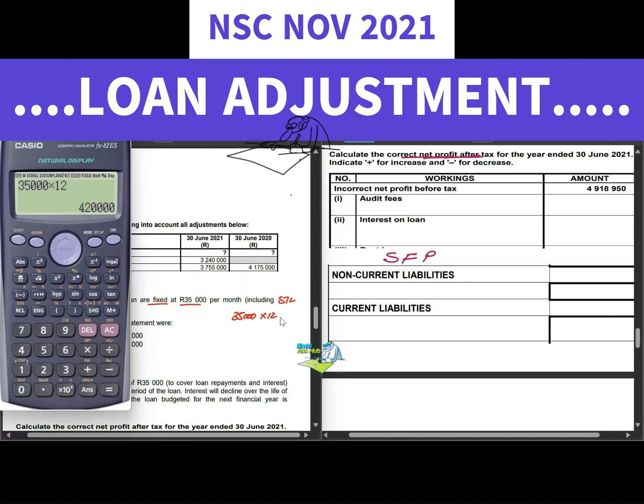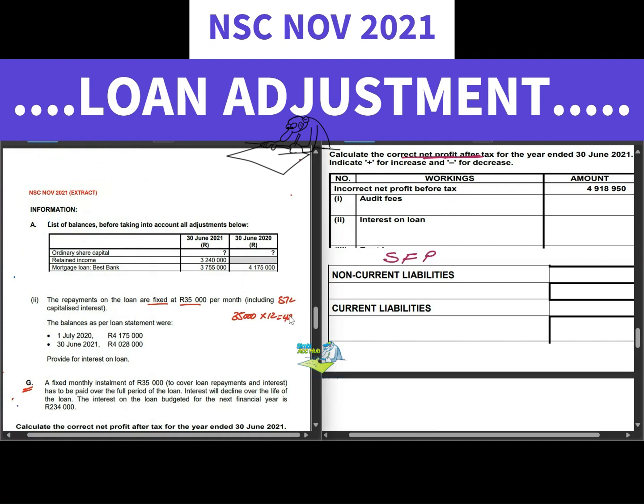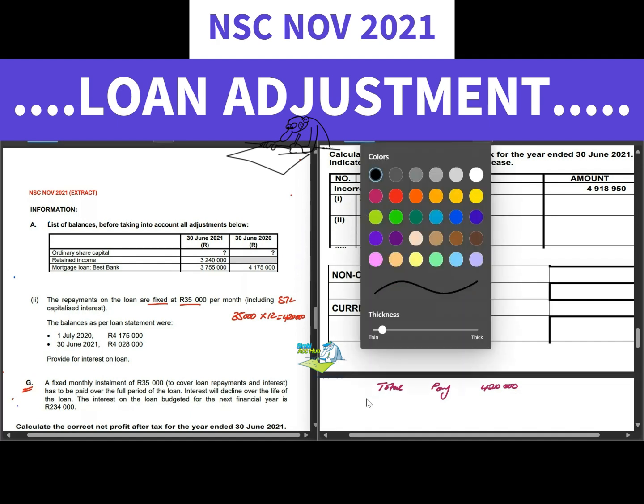That simply means the total payments, including interest, is 420,000. But I know that when I make total payments, I'm paying for two things.